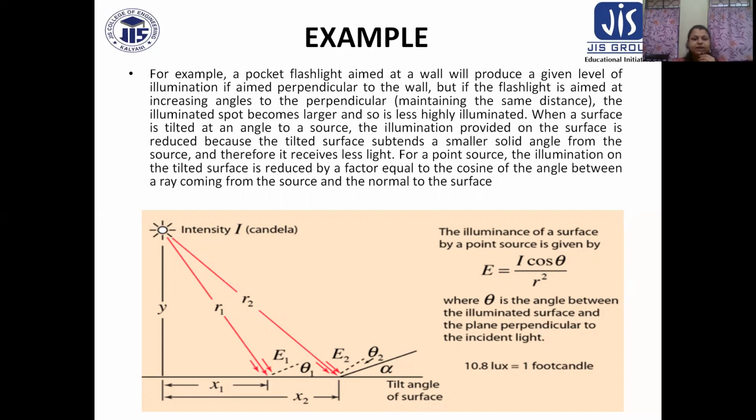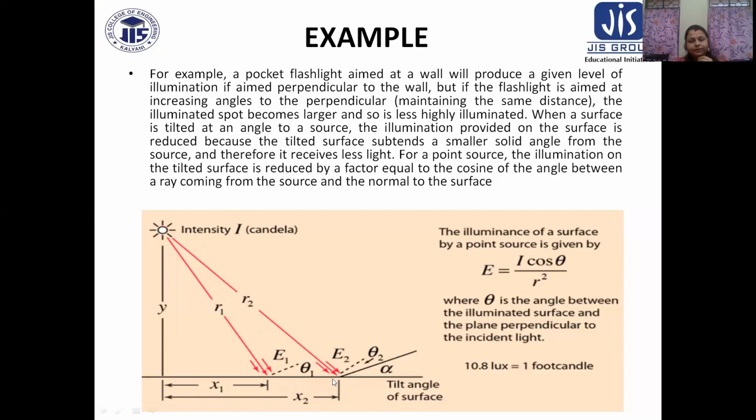So in this picture we can see there is a source where intensity is I candela, and just perpendicular to the light source there is a point and the distance is y here. Now these are 2 points.